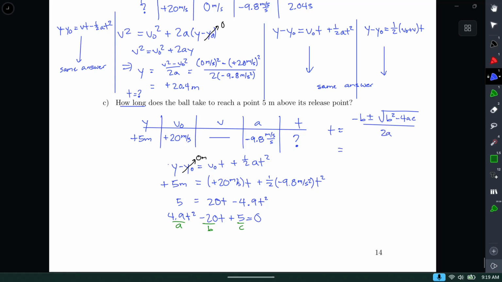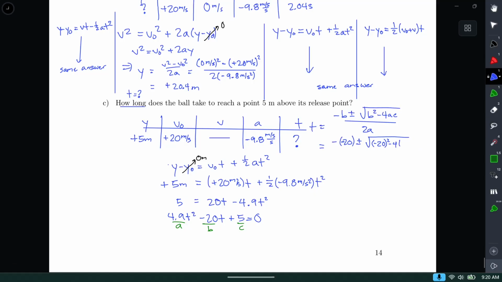And so I'll just put in my values. B is negative 20. Remember, it's everything out front of that linear term. So negative of negative 20 plus or minus square root. Again, b is negative 20. We square it. Minus 4, a is 4.9, c is 5.